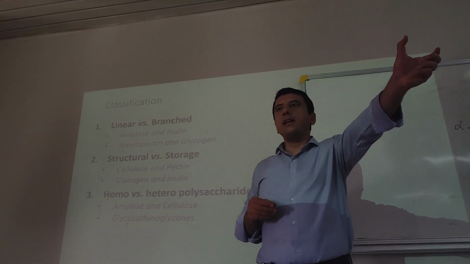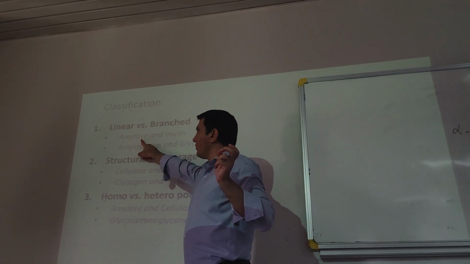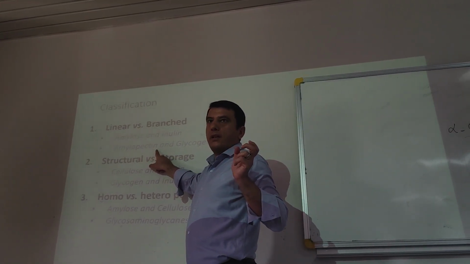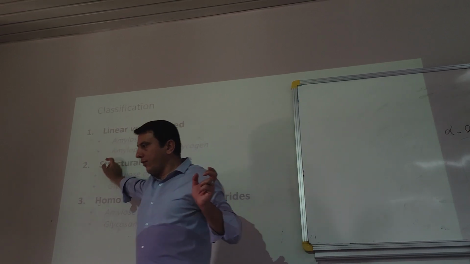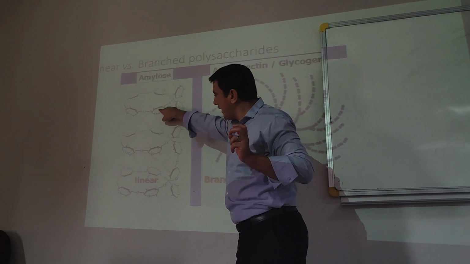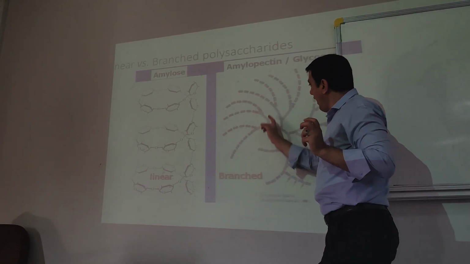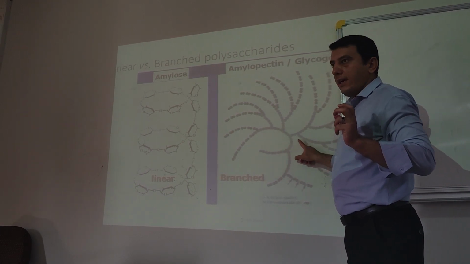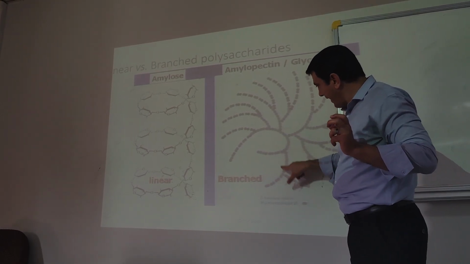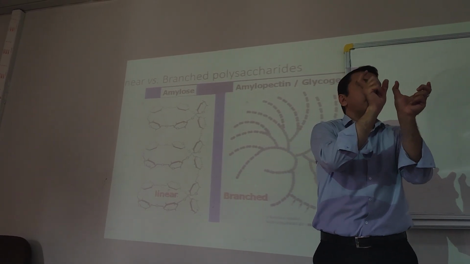We have amylose and amylopectin. Amylose is a linear form of starch. In contrast, amylopectin is a branched form of starch. We have two types of starch.